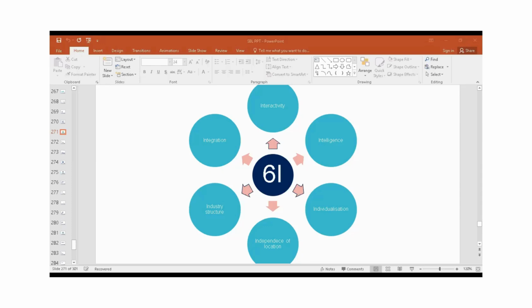Then after that we have the intelligence. Intelligence is the ability to understand the requirement of the customer and cater to the customer accordingly. When some information is gathered from them about what they are looking at, they understand how they can be served and cater to them accordingly.